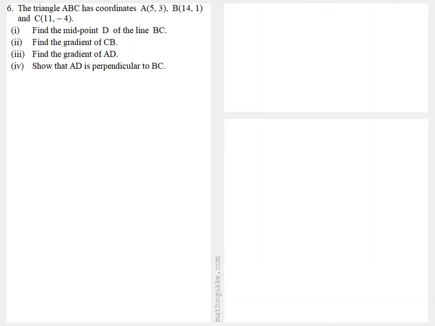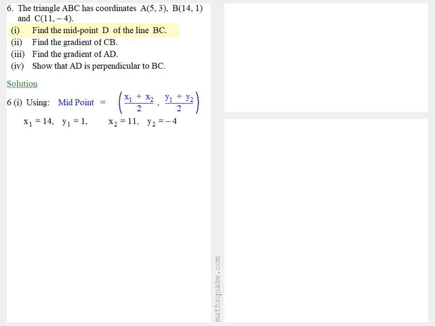In question 6, the triangle ABC has coordinates A (5, 3), B (14, 1), and C (11, minus 4). In the first part, we have to find the midpoint D of the line BC. Well, to do this, x1 is 14, y1 is 1, x2 is 11, and y2 is minus 4.